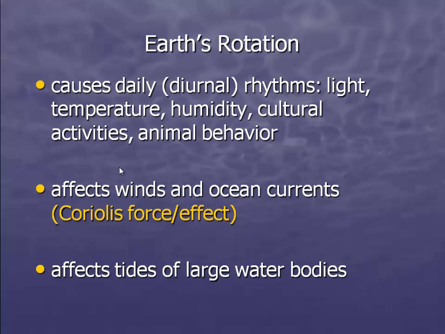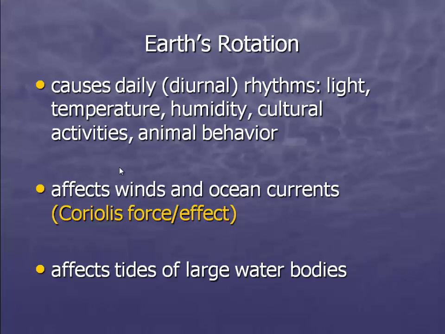Some animals are nocturnal. They only come out at night. Cultural activities: most people go to work during the day, come home and sleep at night. Diurnal rhythms of temperature: warm during the afternoon, cooler in the morning. Humidity. Light. Okay. Because of this rotational component, we see these diurnal daily rhythms in our day-to-day life.